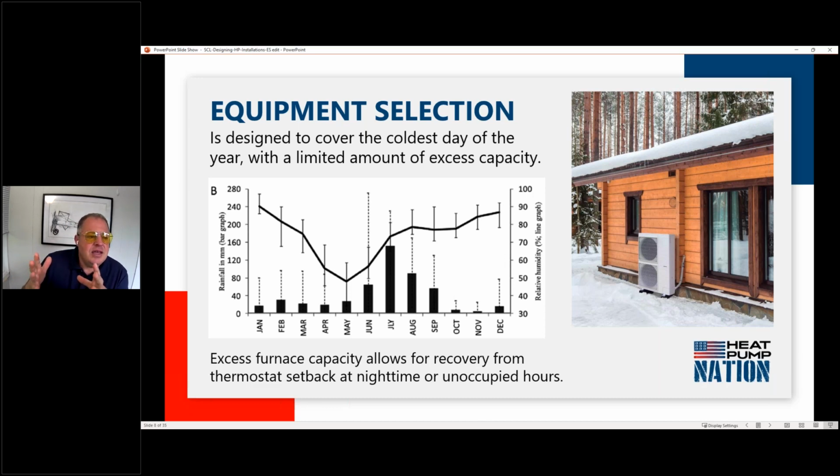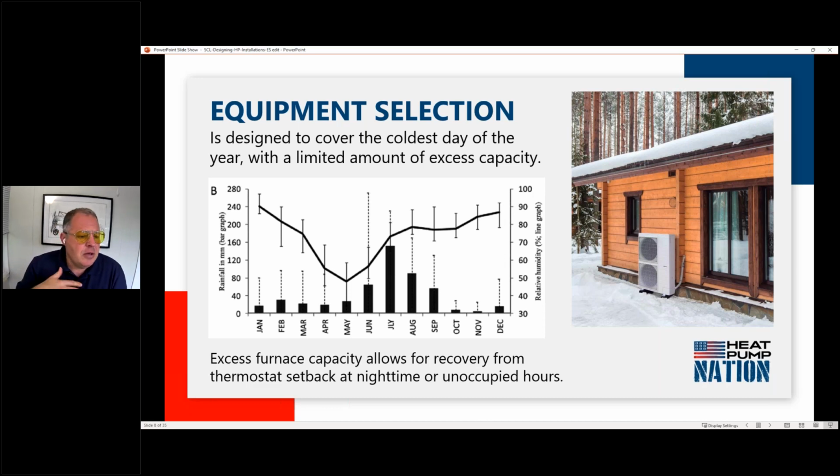year. And then having some additional excess capacity in that furnace to allow the homeowner to quickly recover the temperature of the home after they've left for vacation or left for the day, or possibly some people like to sleep with it quite a bit colder at night. And in the morning, you want the house to recover back up to comfort pretty quickly.